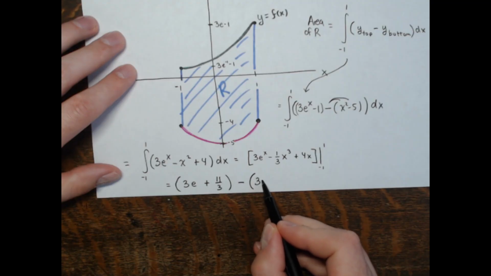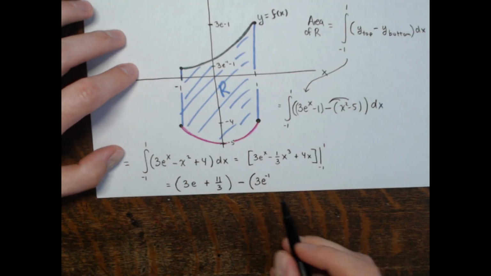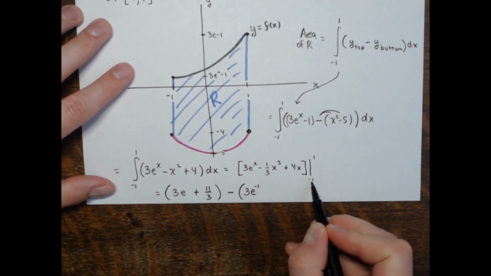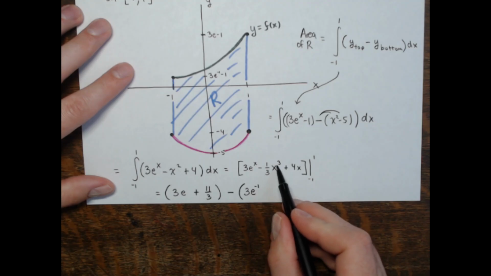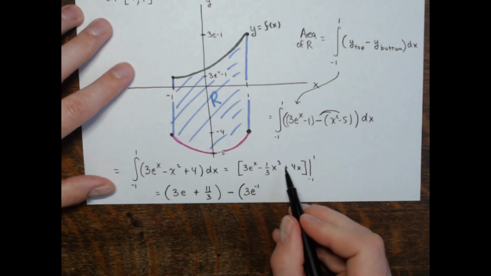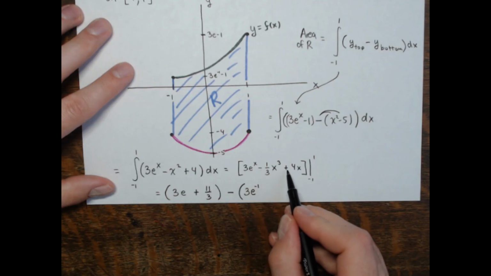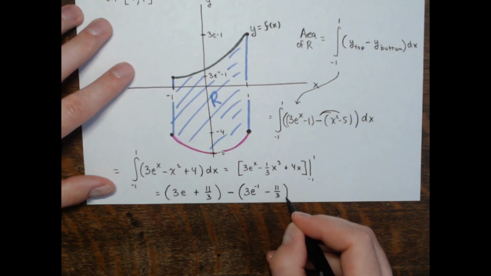So I'm going to need to have 3 times e to the -1 power, or 3 over e if you want to write it that way. And then -1 cubed is -1, so this would be plus 1/3, and then minus 4, right? You got 4 times -1. So plus 1/3 minus 12/3, so that'd be minus 11/3 right there.